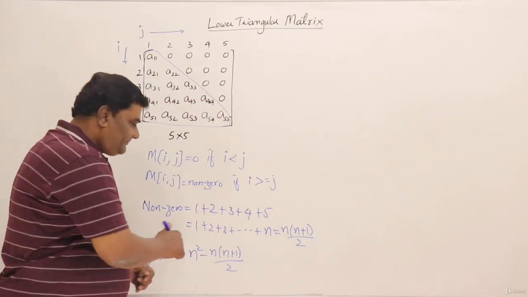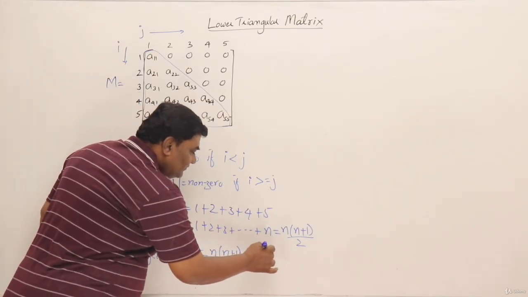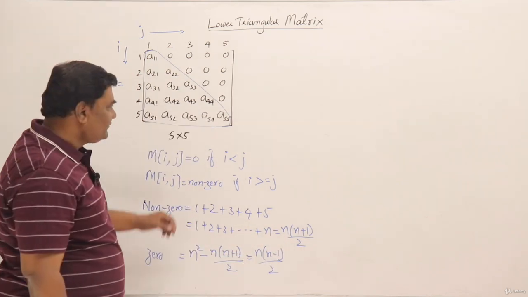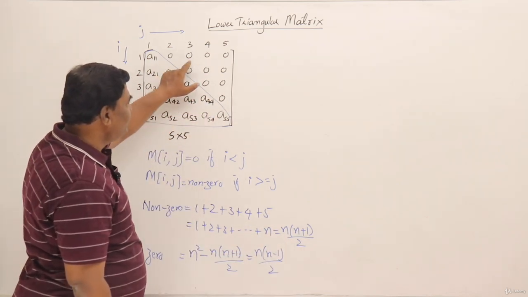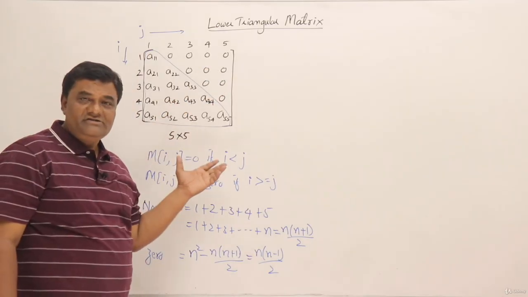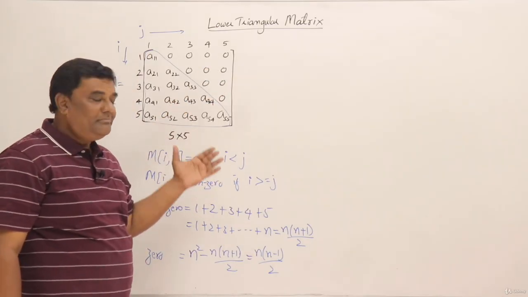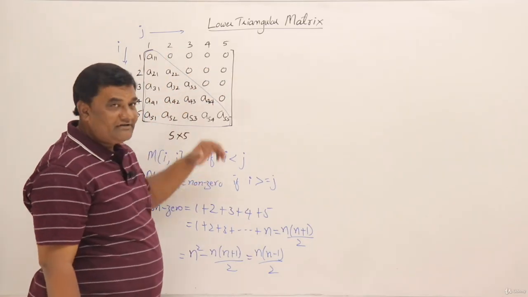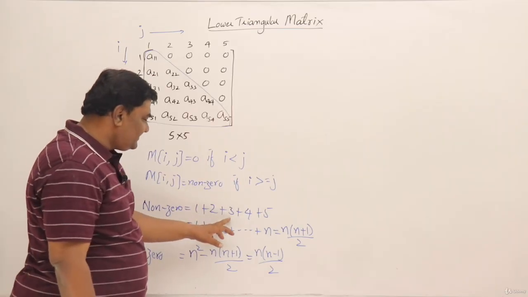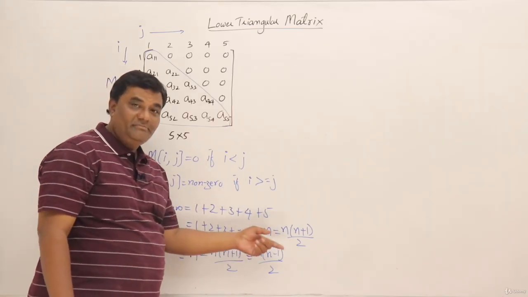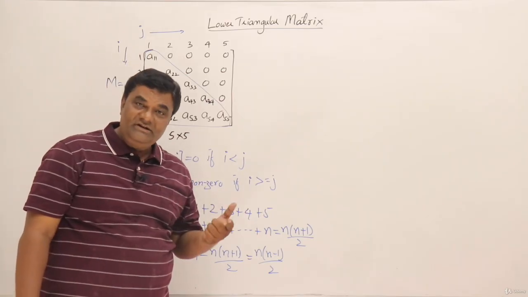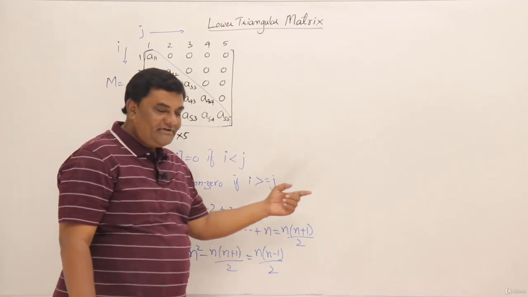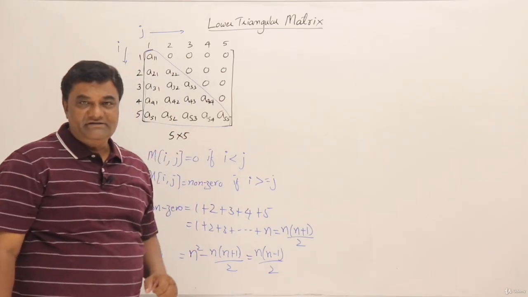So this will be n into n minus 1 by 2. If you observe, here is 1 zero, these are 2 zeros, then 3 zeros and 4 zeros. Dimensions are 5 cross 5, but the last number of zeros is 4. So this is going up to 1 plus 2 plus 3 plus 4. So that is n into n minus 1 by 2. So there are n into n minus 1 by 2 number of 0 elements and n into n plus 1 by 2 number of non-zero elements.